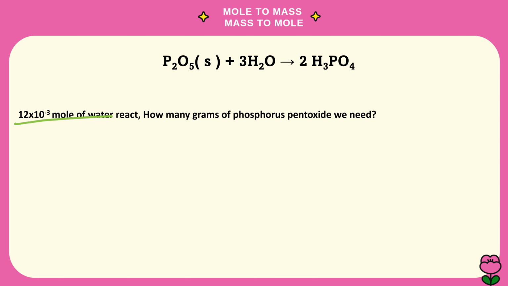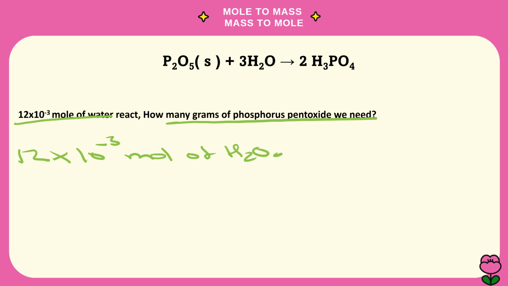How many grams of phosphorus pentoxide do we need to get the 2 moles of phosphoric acid? What we're going to do is always write the number that they gave us: moles of H2O, which is water, and we want to know how many grams of phosphorus pentoxide we need.